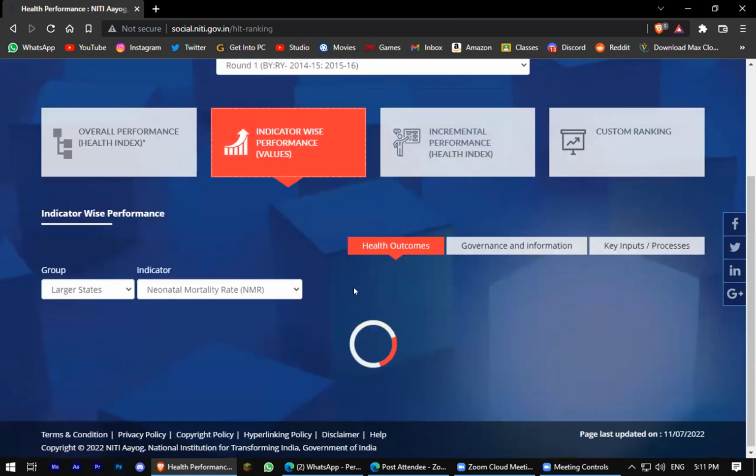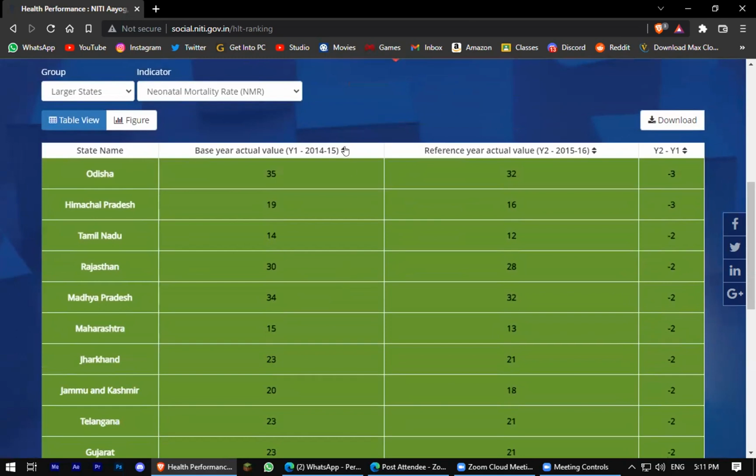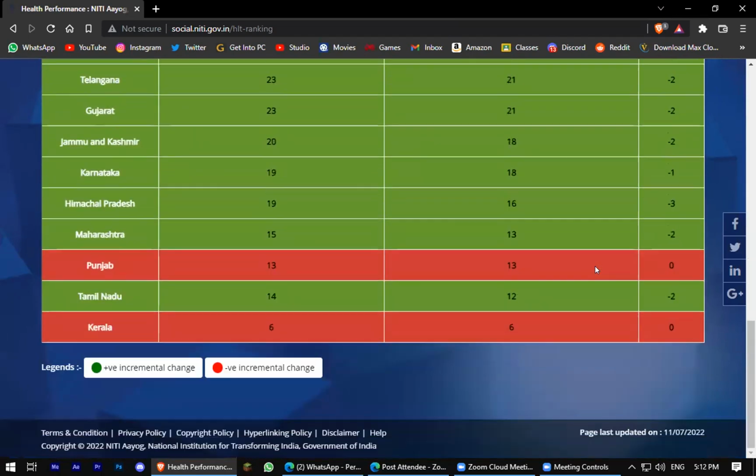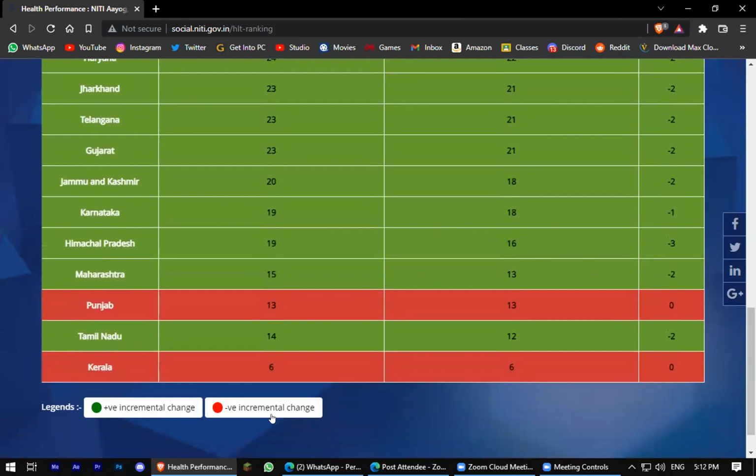Indicator wise performance. If you compare baseline, okay, only for 14-15, 15-16. Up to here, the data is there. Green is incremental change, positive.